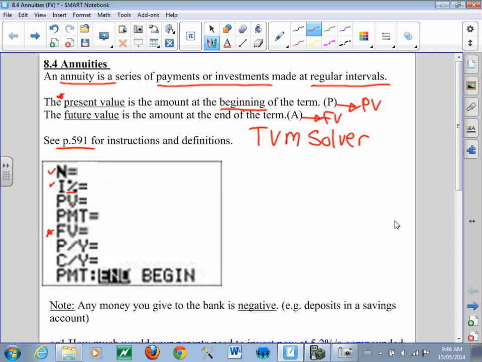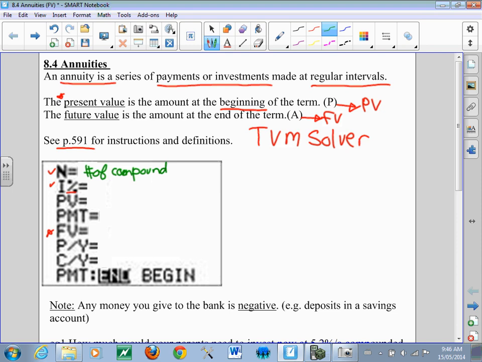Before we plug some calculations in, let's go over what each of these means, because some are a little bit different. N, in this case, is the number of compound periods. I believe these are on page 591 too.